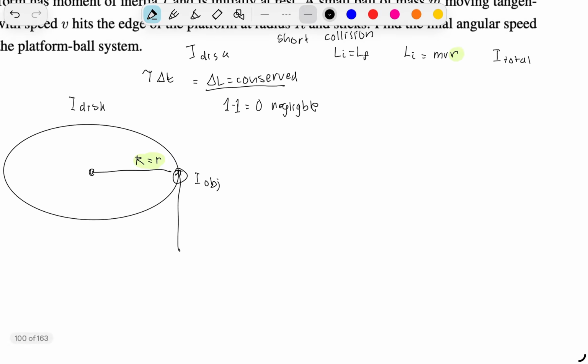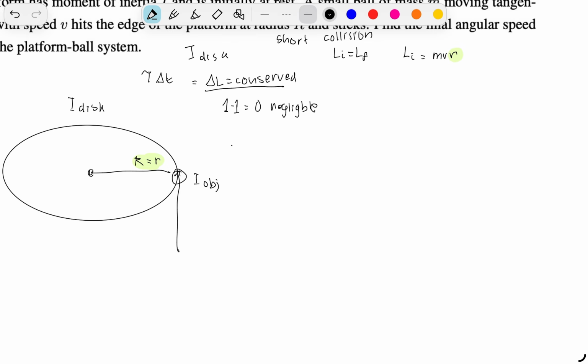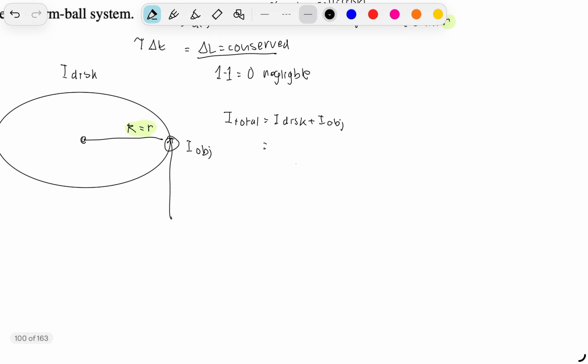So in order to find your total inertia, you have to sum the inertia of the disk and the inertia of the object that you just threw. So that is going to be I plus mr squared, because we have a point mass.